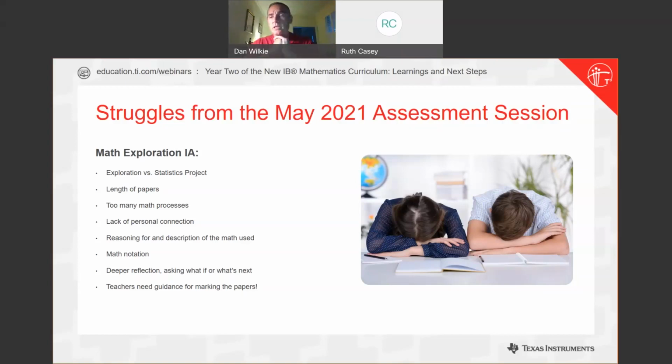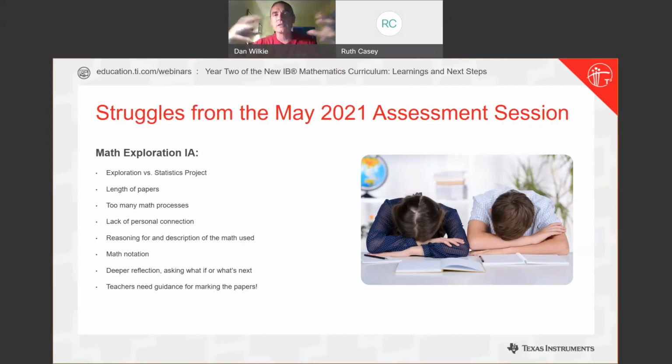Length of papers was an issue, and I don't think the papers were too short. I think the papers were too long. I know in the math exploration in our teacher support material, they said between 12 and 20 pages. It shocked me how many people were doing 20 to 40 page papers when that is just way too much.